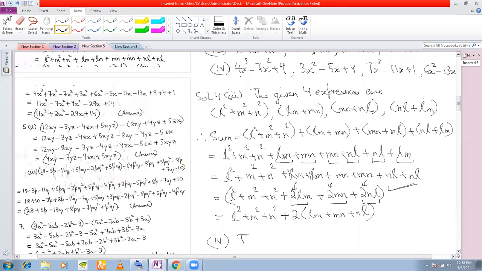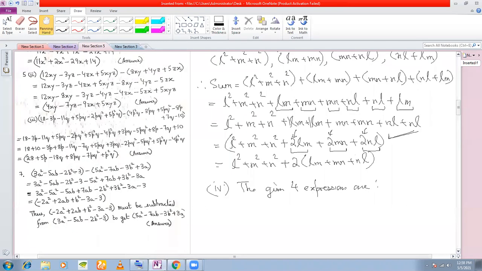So the given expressions are, let us write down the given expressions. There are how many expressions? 4 expressions given. Put each expression within brackets: 4x cube minus 7x square plus 9.